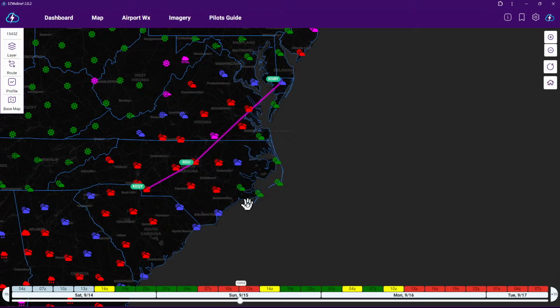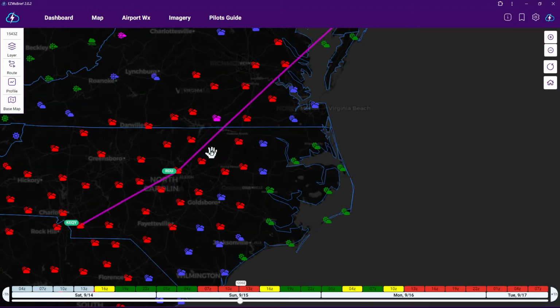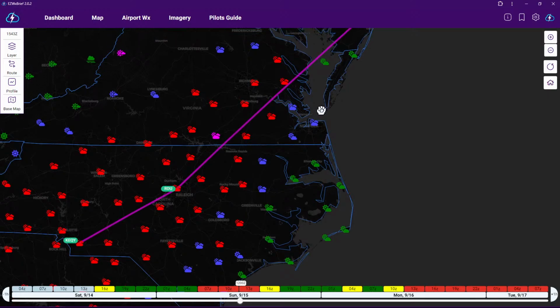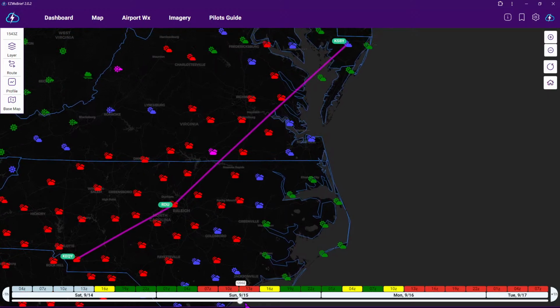Marginal VFR, some VFR along the coastal region, and then sprinkled here we see some marginal VFR around this. But if we zoom in a little bit more, we can see that there definitely are pretty large areas of IFR conditions. So if we're planning to take this flight, we're certainly likely to need to be under instrument flight rules, not visual flight rules, just because of that large area of IFR conditions over a large area.